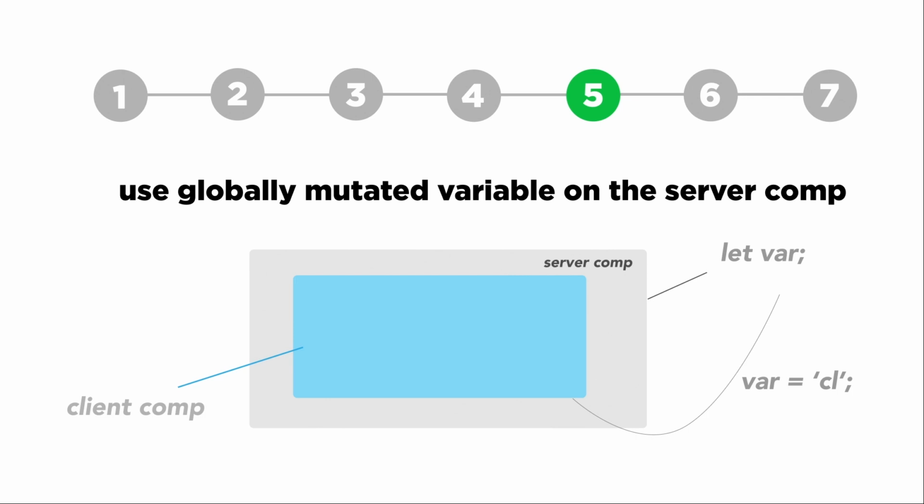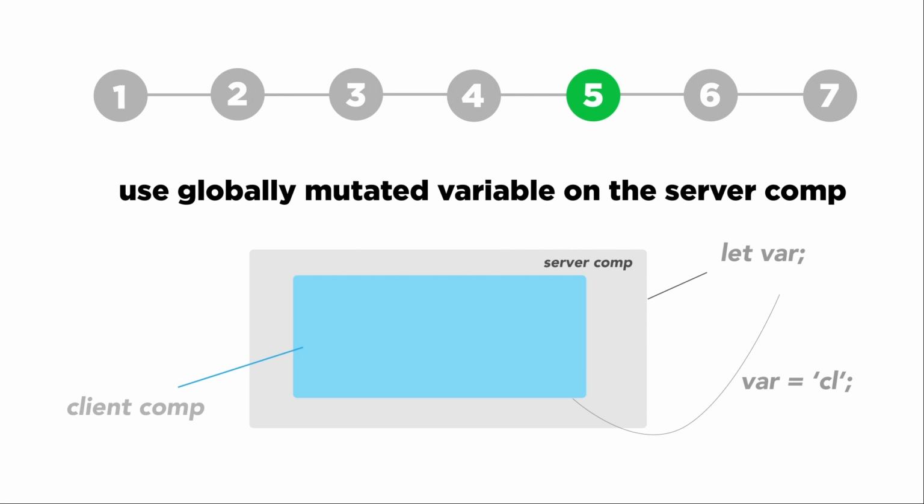You may declare a global variable, and then update that global variable accordingly so you can generate client components. As you can see in this instance, we have a variable var, and then we update the variable var with CL, and when we get the value of the CL, we inject the value on the client components.